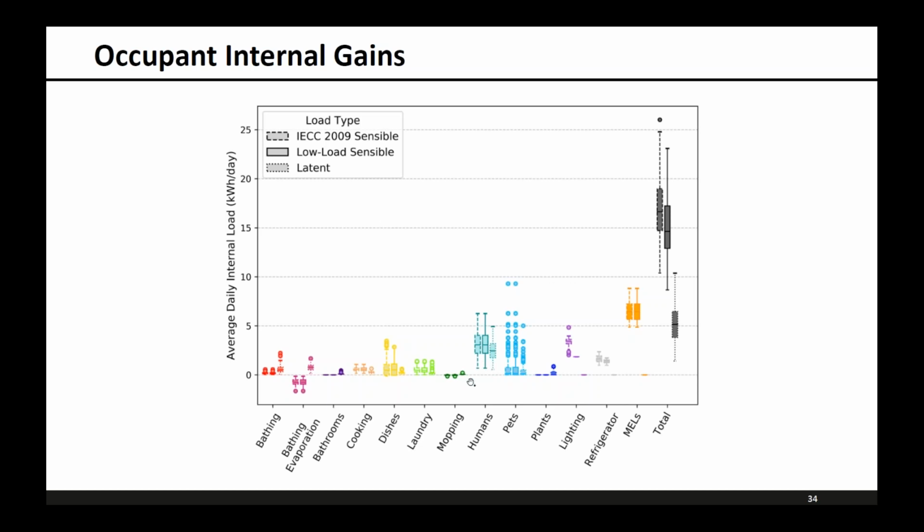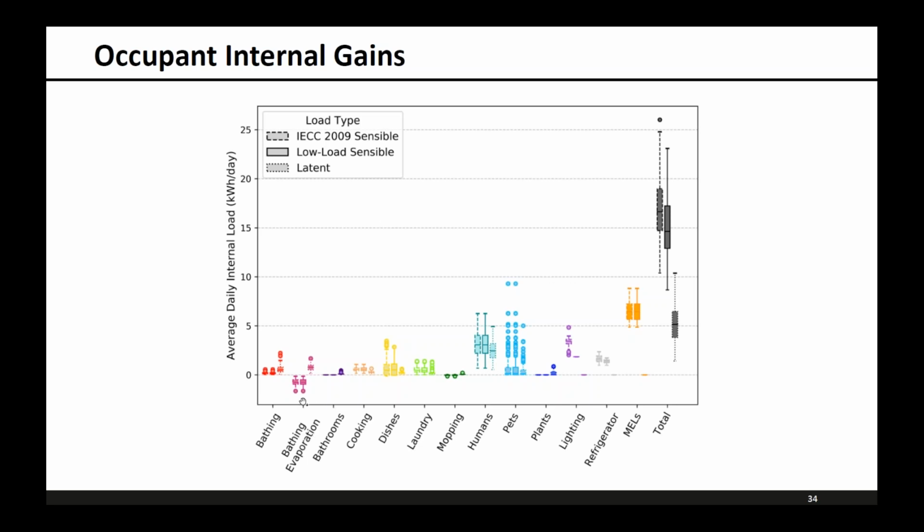So some things to point out here is this category of bathing evaporation. So this is load due to evaporation off of towels or evaporation of moisture that's left inside like a shower enclosure or left inside a tub at the end of a shower.